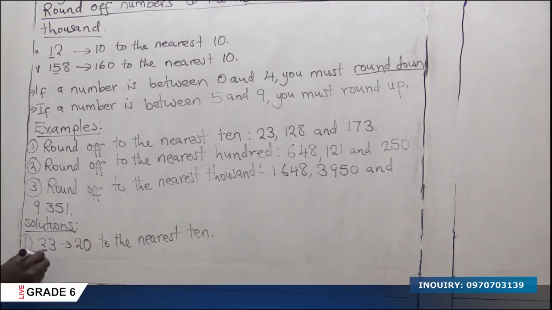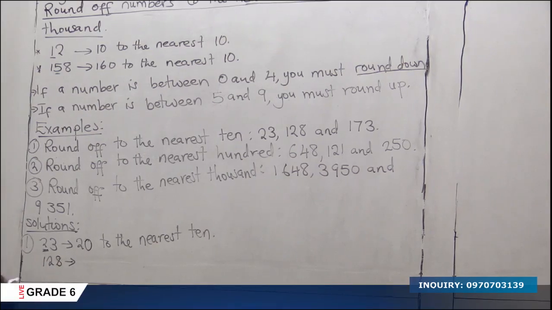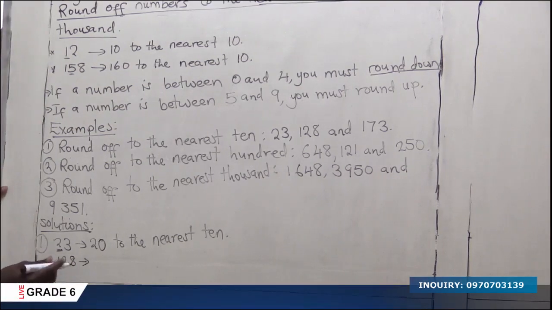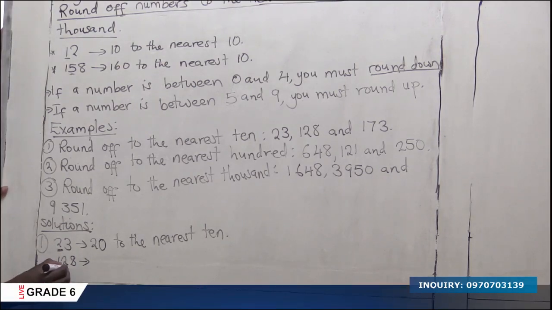Let's go to 128. We are rounding off 128 to the nearest 10. Boys and girls, the number in the tens position is 2.